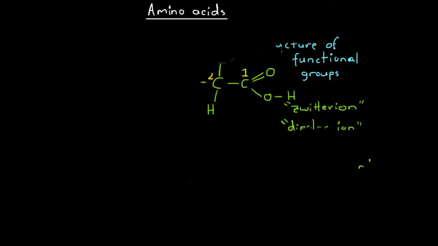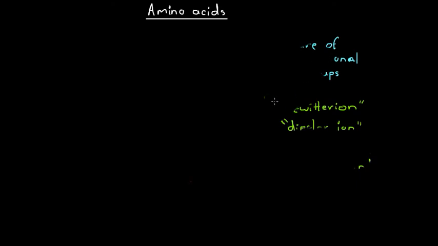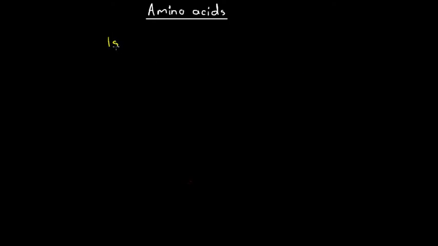However, sometimes our Z group is actually quite easy to analyze, and thus we can find a more traditional name for our amino acid. So, for example, here we're going to look at an amino acid called isoleucine. Isoleucine has the structure like this.